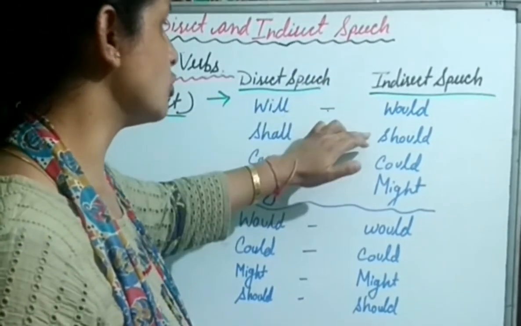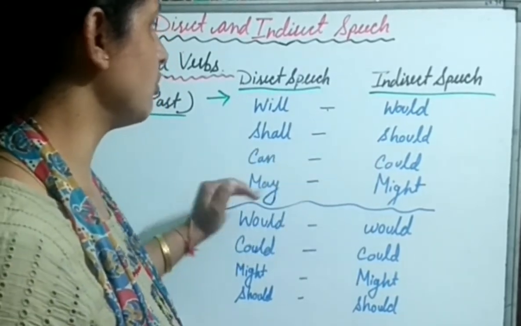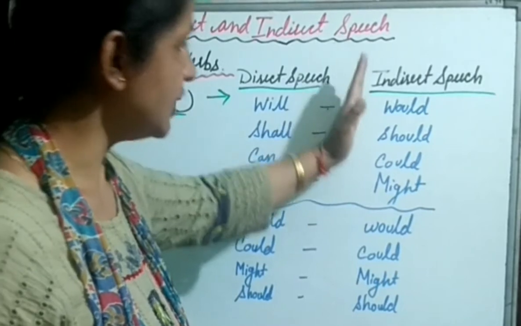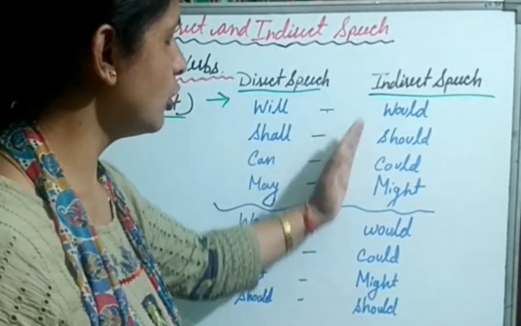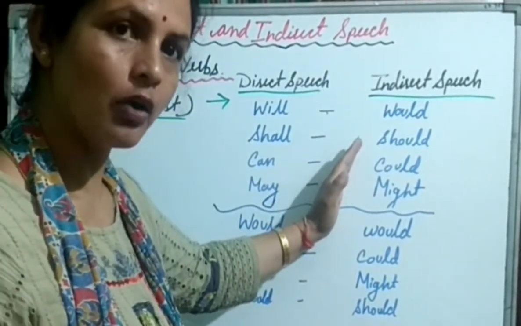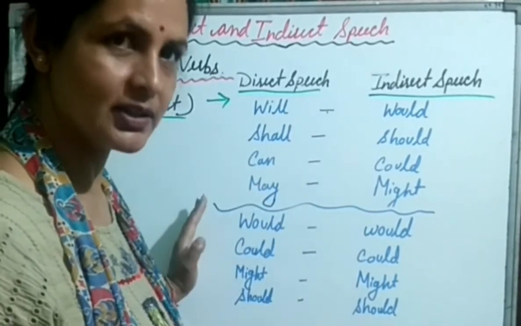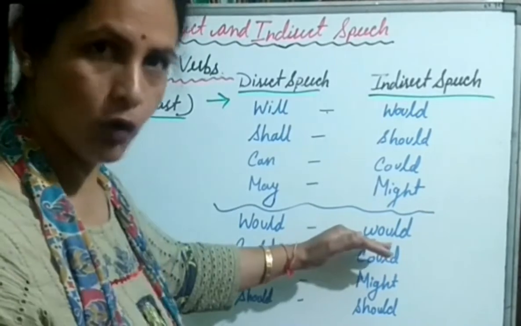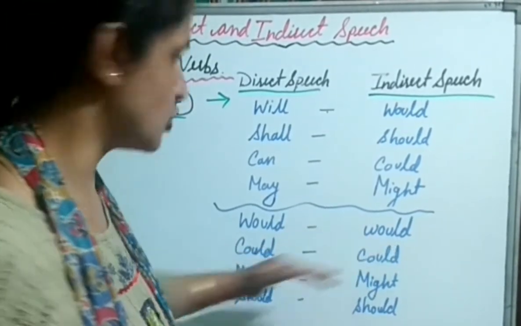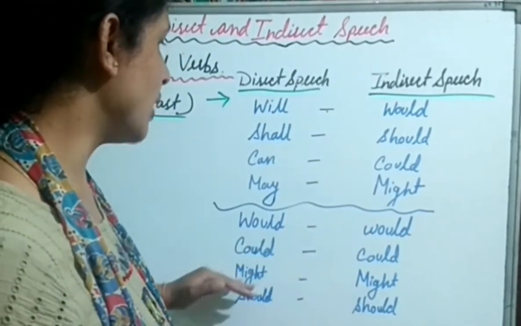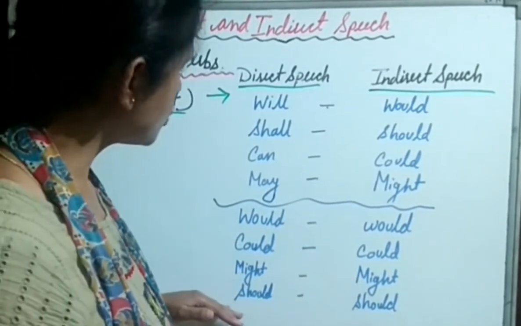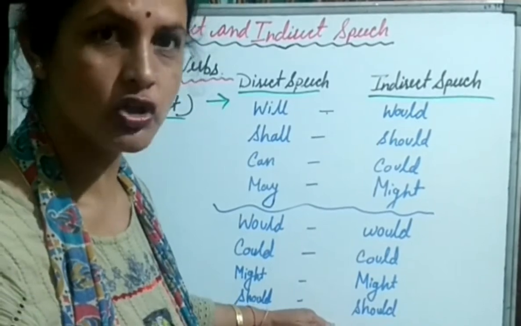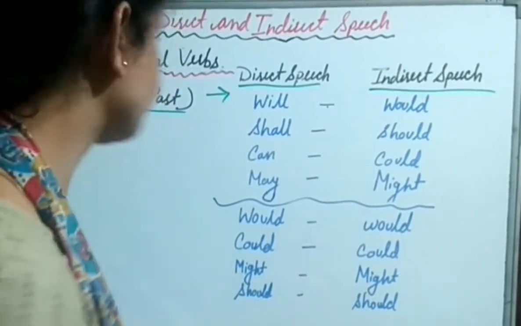Shall into should, can into could, may into might. But if these modals would, should, could, might are already used in direct speech, there will be no change. Would will remain would in indirect speech, could will remain could, might will remain might, should will remain should. There will be no change in these modals.